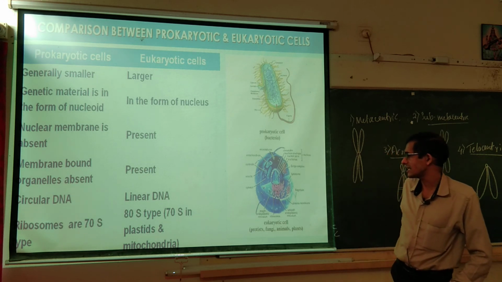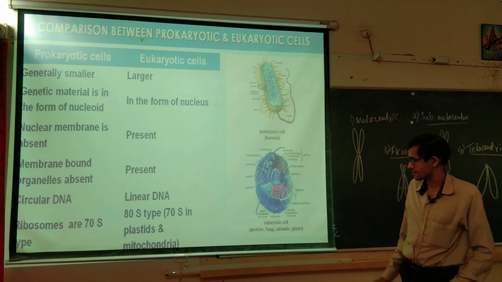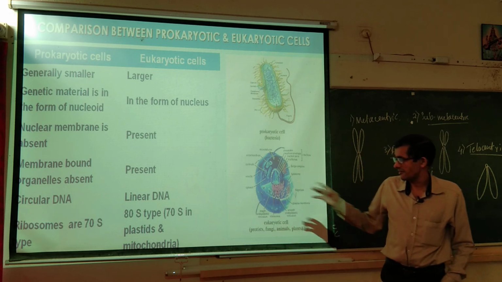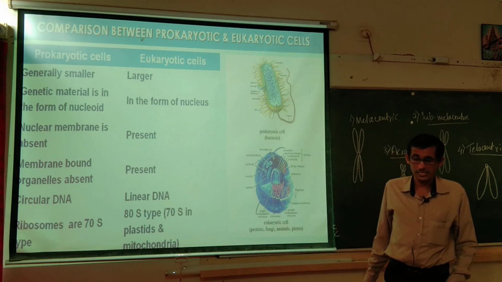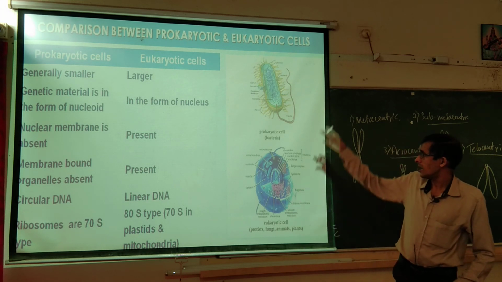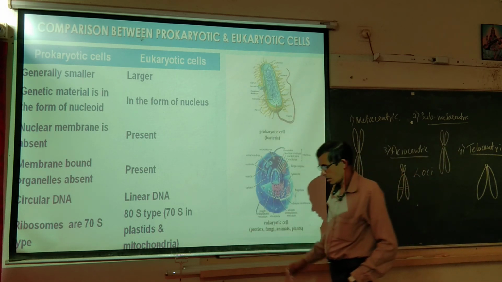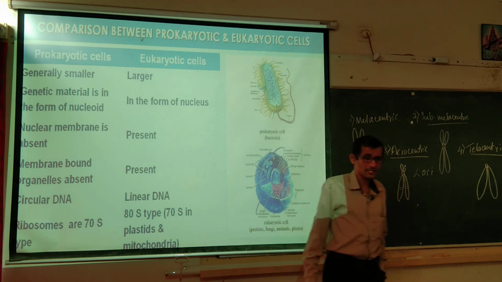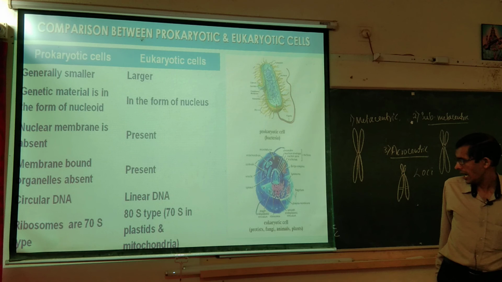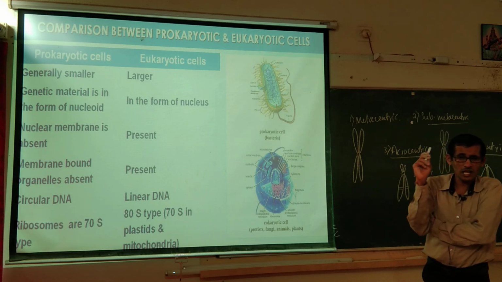DNA is a linear chain of nucleotide bases. Then ribosomes are of 70S type, divided into 50S and 30S. Whereas in the eukaryotic cell, ribosome is about 80S type, divided into 60S and 40S subunits.